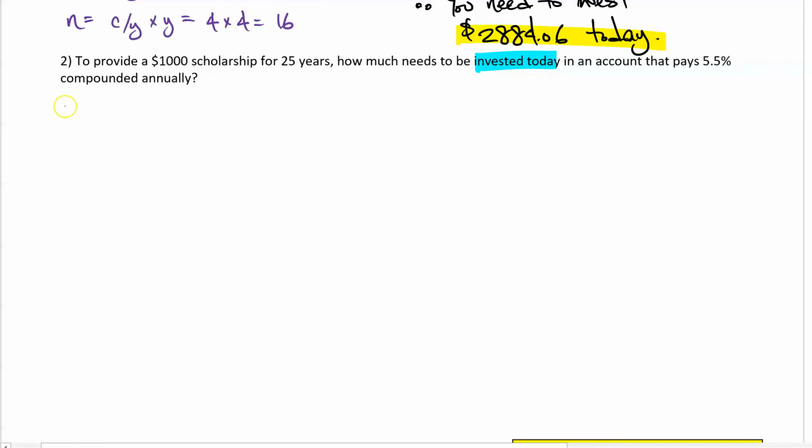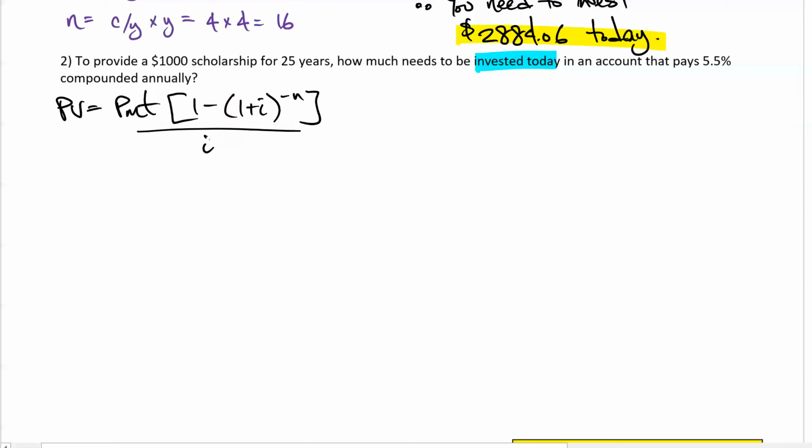So let's do it. PV is equal to PMT, that's your regular withdrawals, times 1 minus bracket 1 plus I to the exponent negative N, all divided by I. Okay, so PV is equal to, let's take our time, let me get this in a different color.